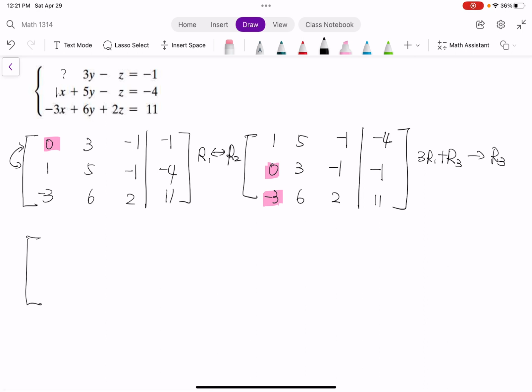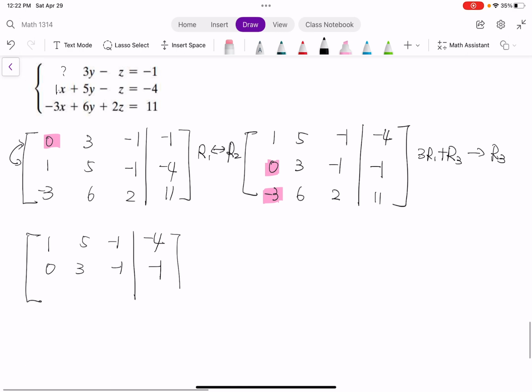So let's make a new R3. We didn't change R1 and R2. You can copy down the R1 and R2: 1, 5, -1, vertical bar, -4, and 0, 3, -1, -1. So the last row, we have 3 times 1 plus -3, that is 0, and 3 times 5, okay, 5 plus 6.